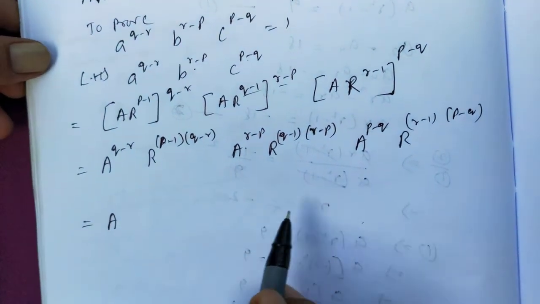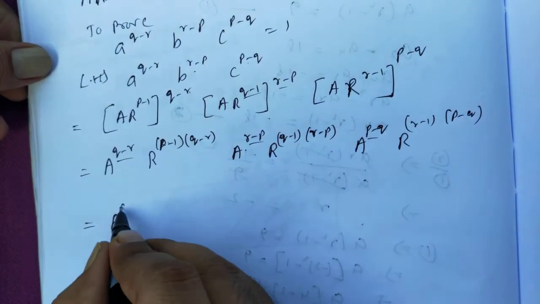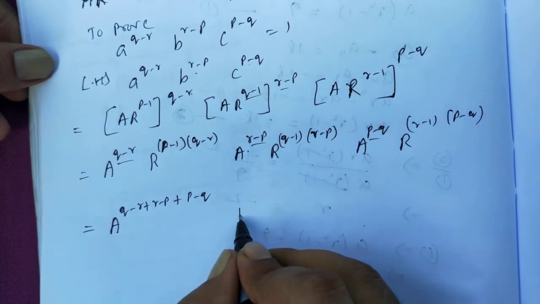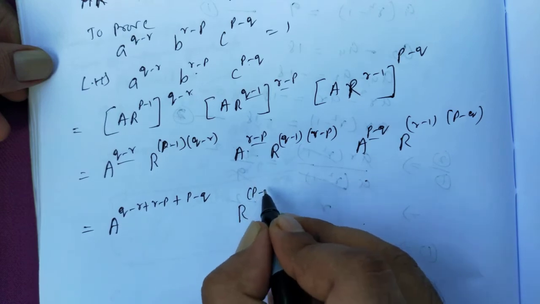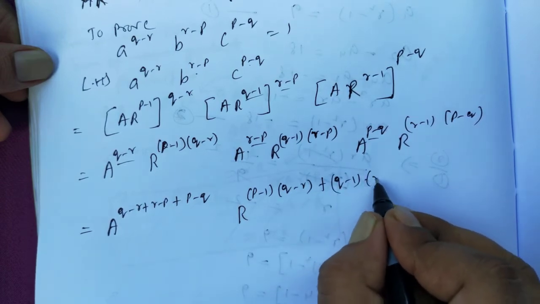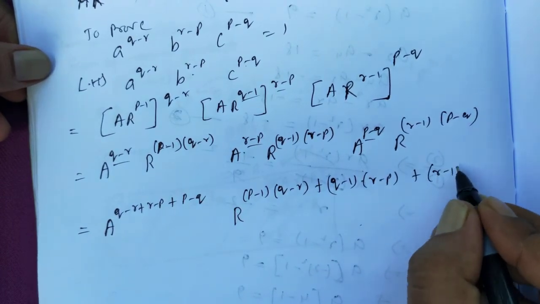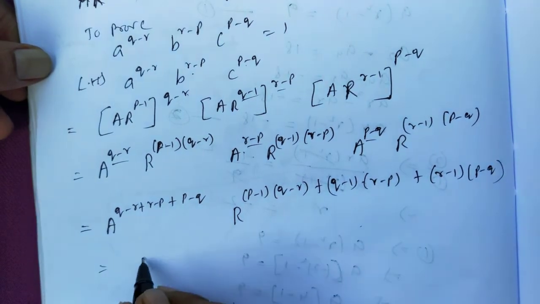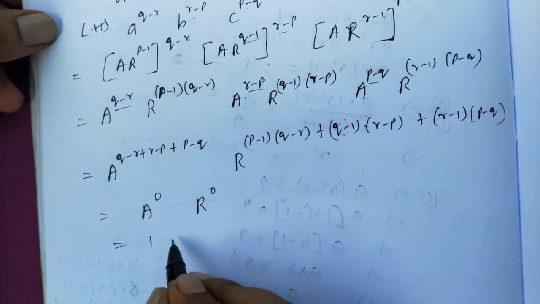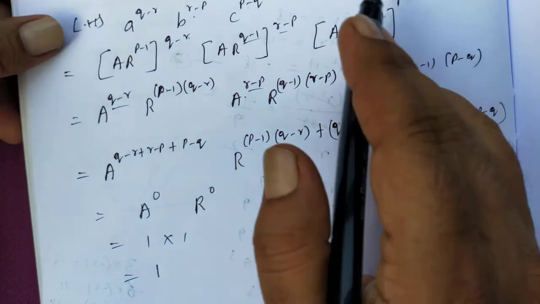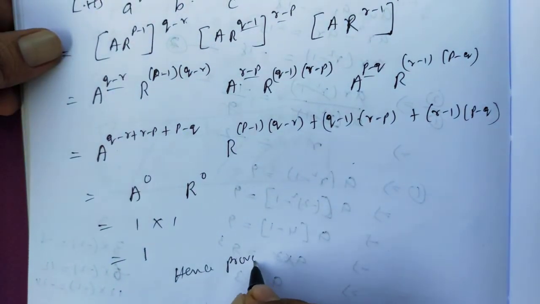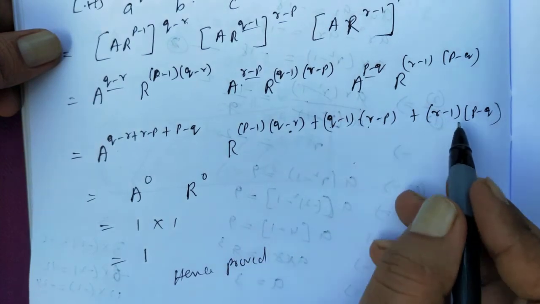Since it's multiplication, we add the powers. The power of A is Q minus R plus R minus P plus P minus Q. Similarly, we add the power of R: P minus 1 times Q minus R, plus Q minus 1 times R minus P, plus R minus 1 times P minus Q. If you solve it, you'll get A power 0, and if you multiply and solve this, this also gives power 0.